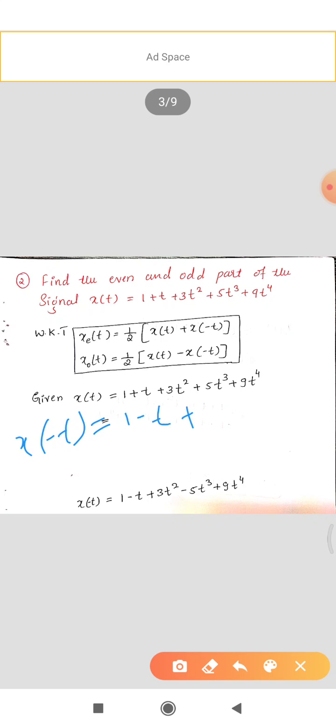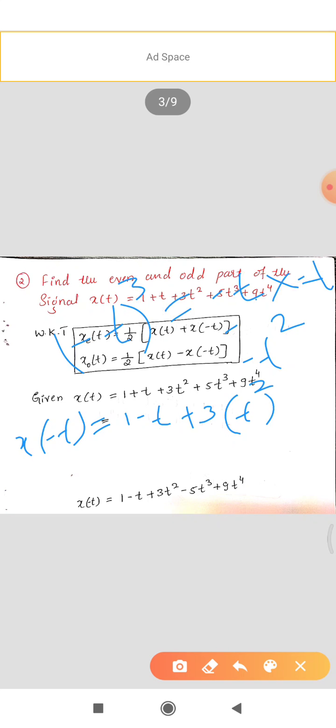Then we have 5 into minus t cube. What is the value of this? It is nothing but minus t into minus t into minus t, so you are multiplying t an odd number of times, 3 times, with the negative sign.